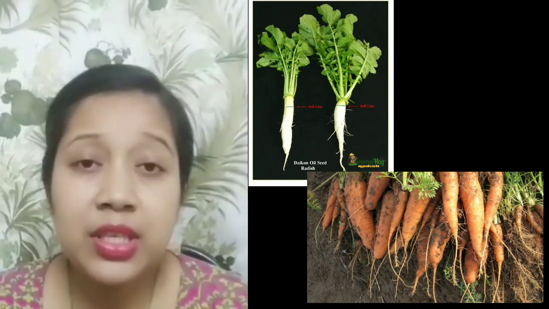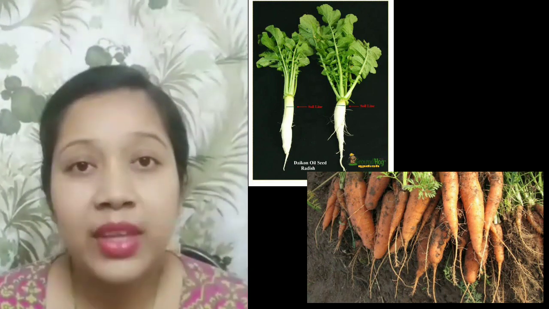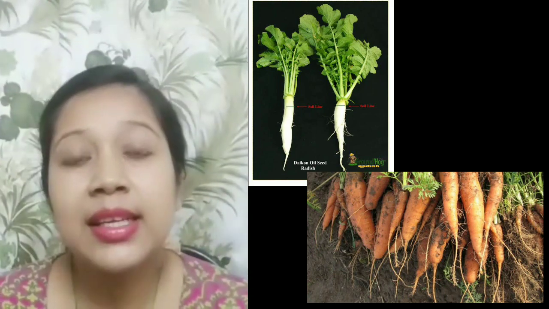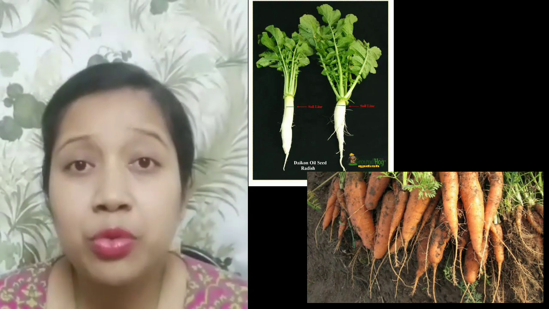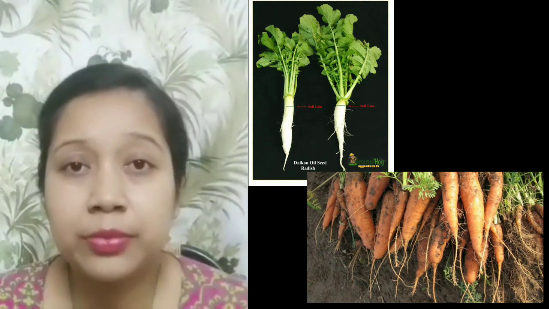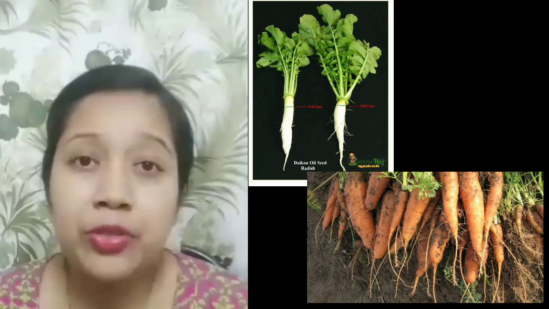That also gives us a clue that these are taproots, and these taproots have undergone modification, that is, they have become fleshy because of the storage of food, and we take them as our food or vegetables.